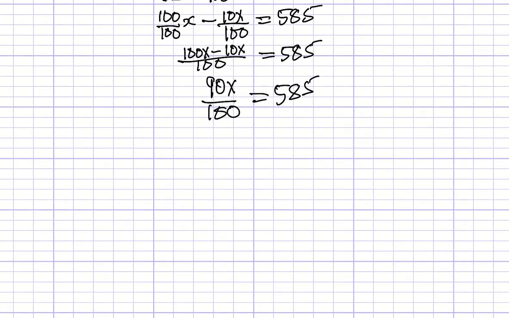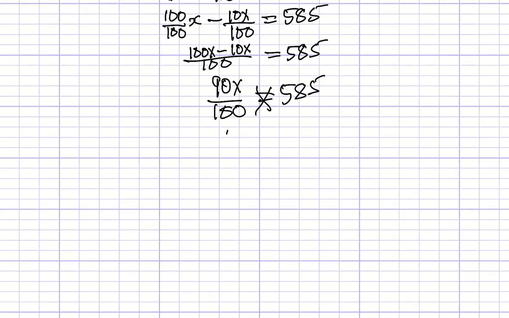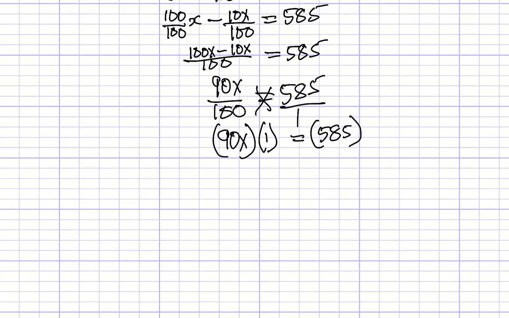Okay, so you can cross multiply now. You have 90x, because this is over 1. It changes nothing if you put 1 there. 90x times 1 equals 585 times 100. When you multiply anything by 100, it just adds 2 zeros. So 90x equals 58500.